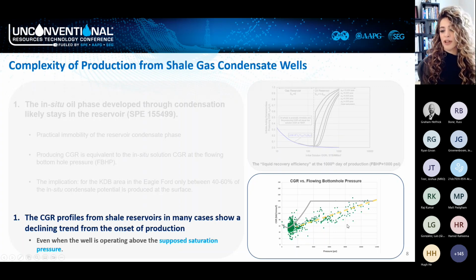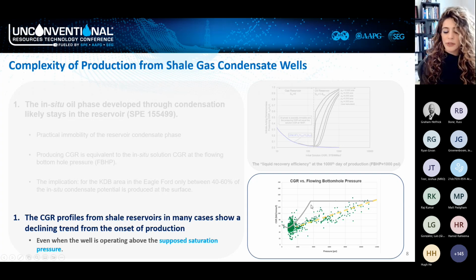If you look at this plot here on the bottom right side, in green dots, I'm showing the history of production CGR from a well in the Eagle Ford in the KDB area, and these produced CGRs are plotted against their flowing bottom hole pressure.